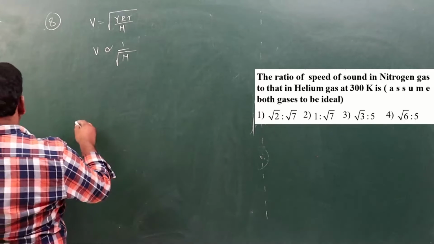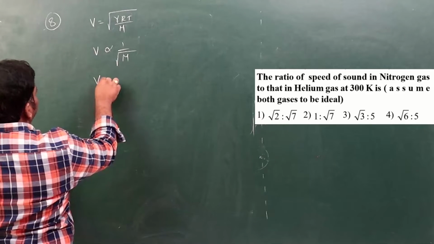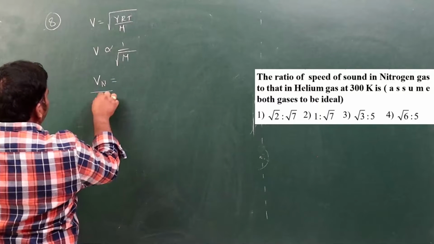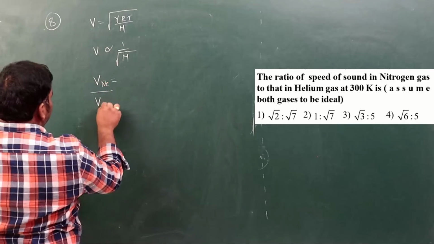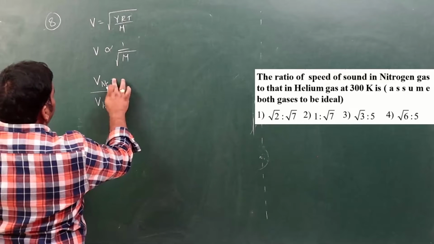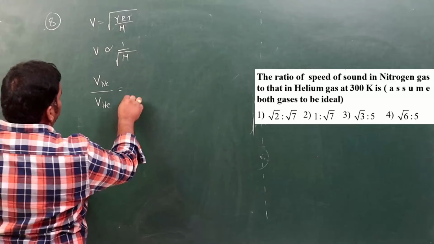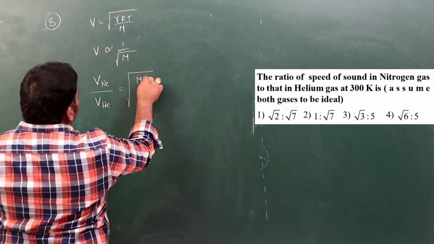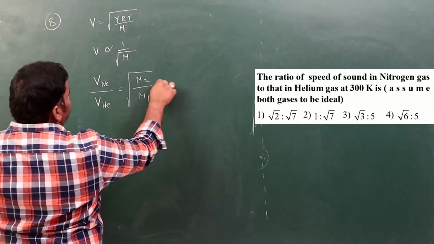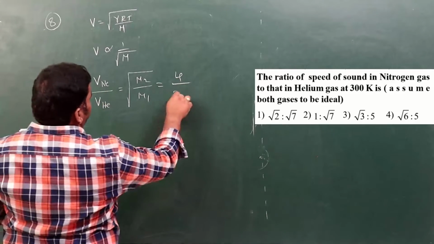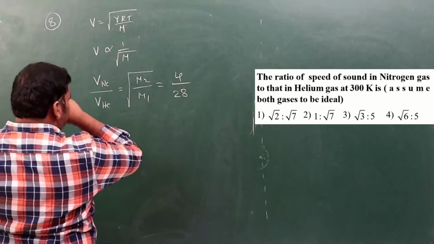So V nitrogen by V helium is equal to under root of M helium by M nitrogen. Helium molecular weight is 4 and nitrogen N2 is 28.